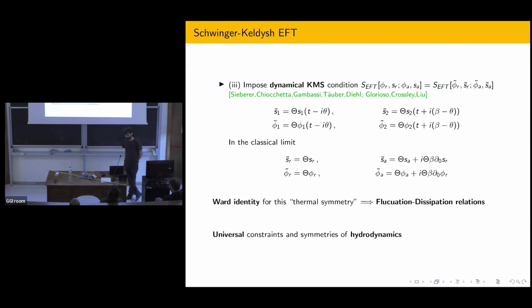This is actually very nice, because it can be shown that the Ward identities for this kind of thermal symmetry are really the fluctuation-dissipation relations that we are used to from hydrodynamics. And these are supposed to be some very universal constraints and symmetries of all thermal effective field theories. And these are very important to impose in hydrodynamic theories as well.